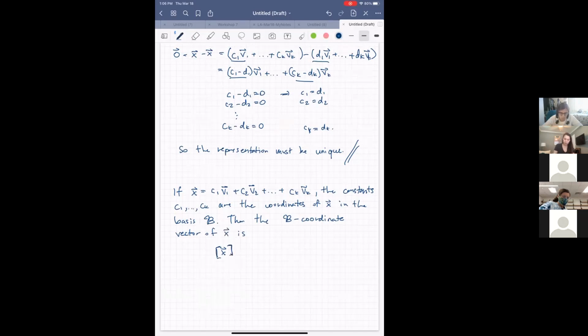So we have our vector, we put brackets around it and a B as a subscript so that we know that this representation is not like our standard representation in the standard coordinates. When we use standard coordinates, we don't have to append anything like this. But what this will be is, again, just the vector of those C1, C2, up to CK, like that.